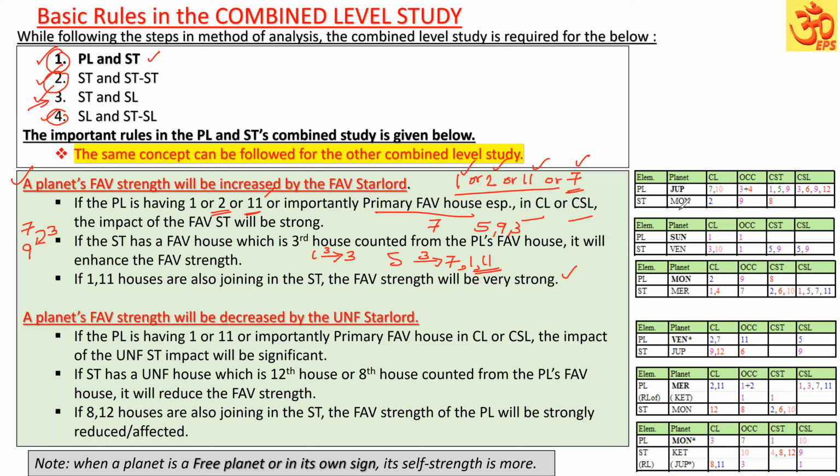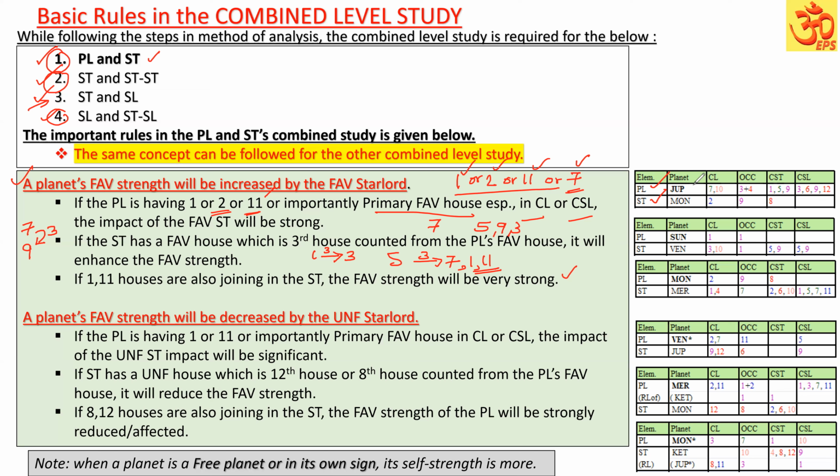For example, let me explain with an example on the event. So this chart, I have taken a random chart for your study purpose, for the explanations on each point. You can see the planet is Jupiter. Imagine the star lord is Moon in the particular chart. This event is taken for marriage.